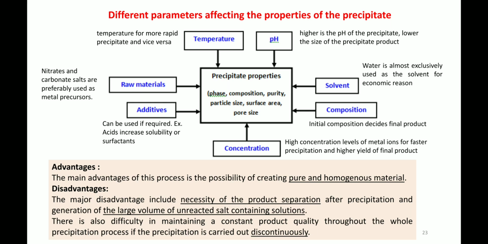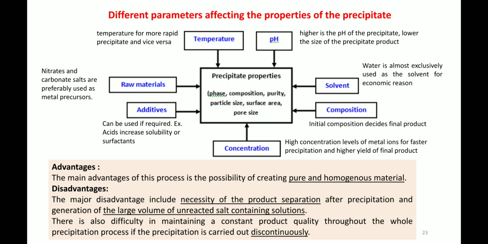What are the disadvantages? The major disadvantages include the necessity of product separation after precipitation. It is not the case that whatever you get is the final product. In PLD, sputtering, chemical vapor deposition, and ALD, whatever thin film you get, you did not have to wash it again.